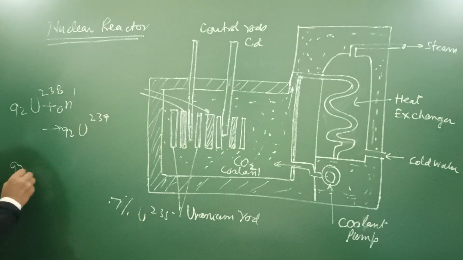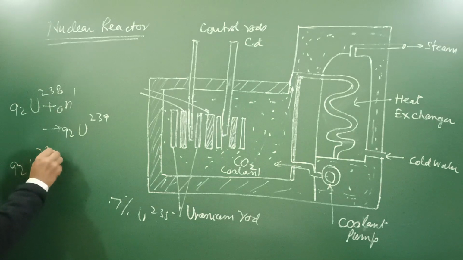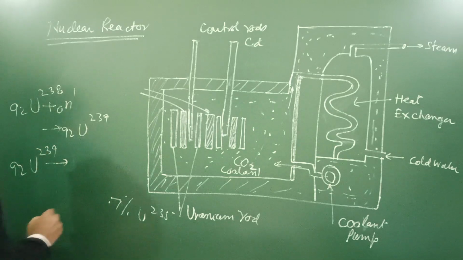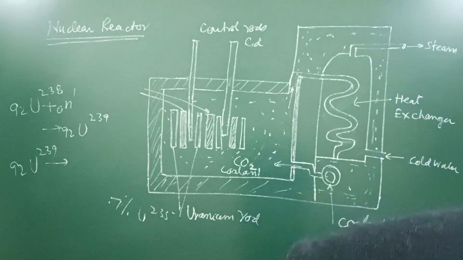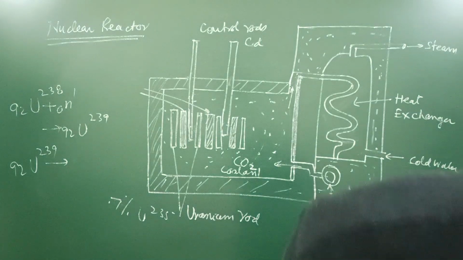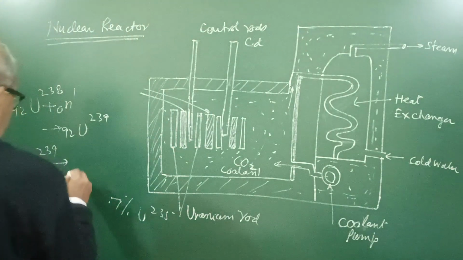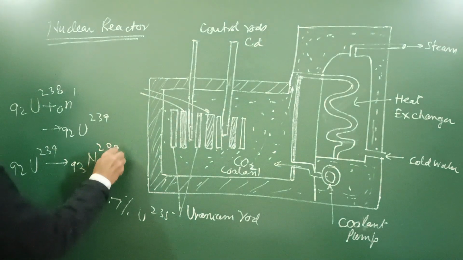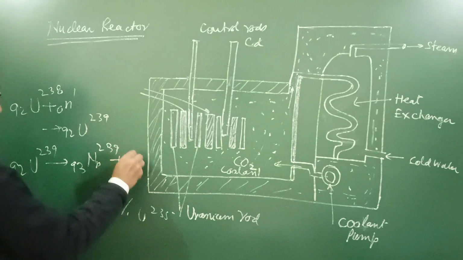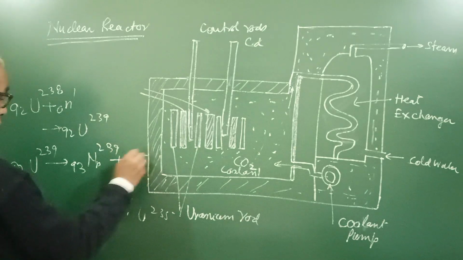Uranium-239 decays into neptunium by beta emission: 93 Np-239 plus electron plus antineutrino.